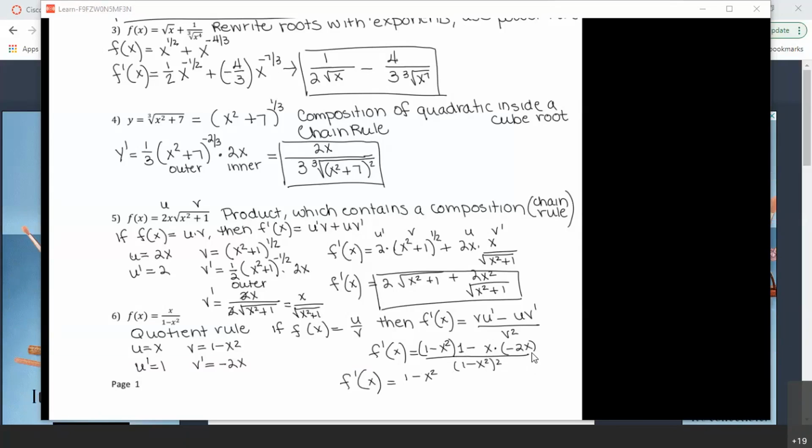That's going to be a plus x squared, plus 2x squared. Then you can see one of these cancels out. I've got a negative x squared, a plus 2x squared. So this becomes 1 plus x squared over 1 minus x squared.